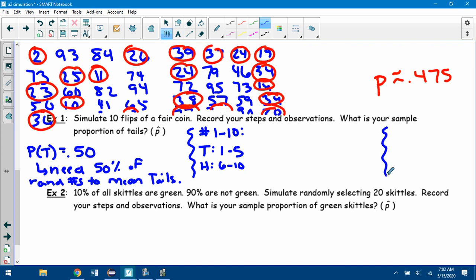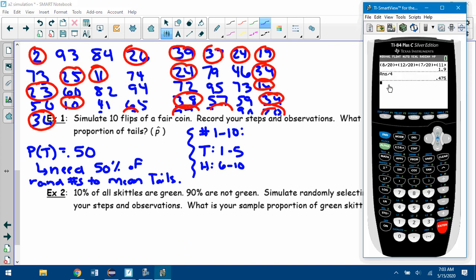Or, what if I just pick the numbers 1 through 2? What would tails be? 1. What would heads be? 2. As long as 50% of your numbers mean tails, you can do that. So you can do 1 through 100, 1 through 10, 1 through 2, whatever. As long as 50% are tails, 50% are heads.